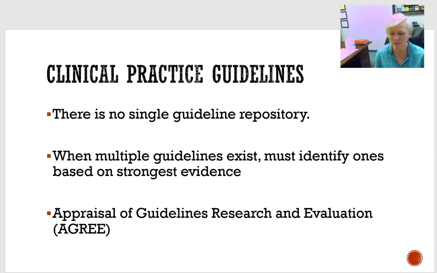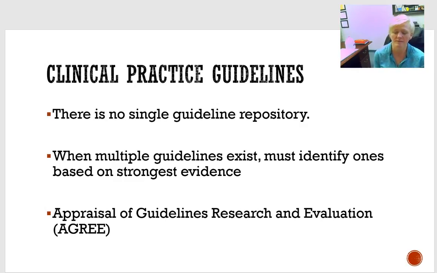As far as clinical practice guidelines, we don't have a single repository. There are multiple places to find them. One that we'll use is the National Guideline Clearinghouse, at guideline.gov. But like I said, it's a little tough to utilize when they're all over the place, and a lot of people don't know where to look.